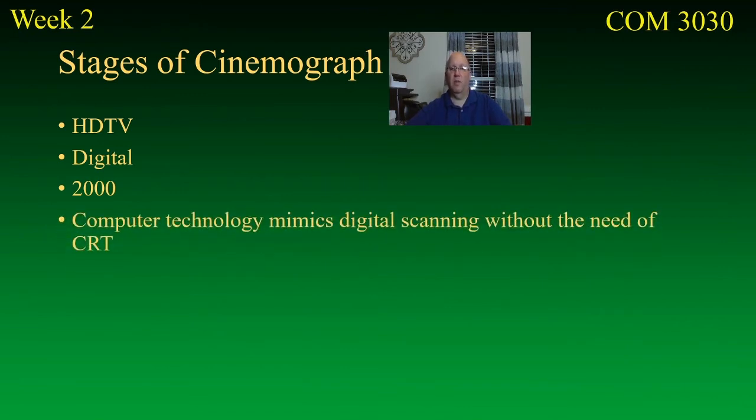Computer technology mimics digital scanning without the need of a CRT. I doubt very seriously that your television of today uses a CRT. Most likely it's a flat panel screen, kind of like a laptop screen, and it mimics those scanning lines and lines of resolution. Instead of scanning lines, we have rows of pixels that are lit up, and there's no big electron gun that's going to electrocute the heck out of you if you accidentally punch your fist through it if you don't like the show.